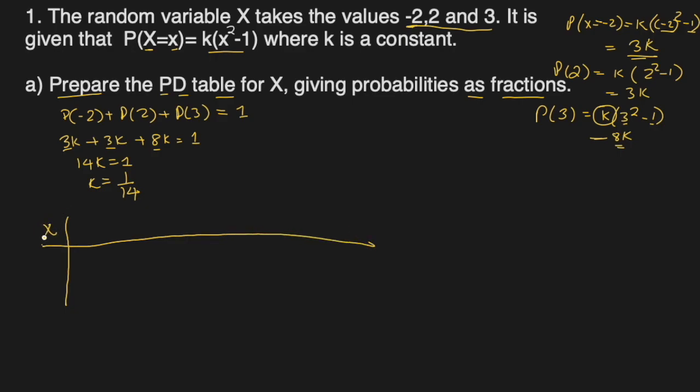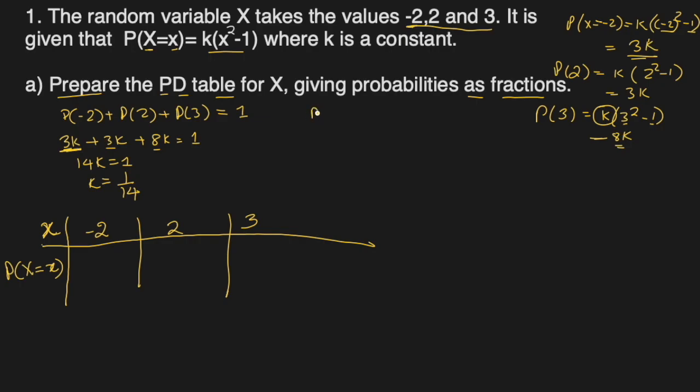So, x. The values of small x we will write here, because we have just three of them, -2, 2 and 3. Probability of x equal to x. So when x is -2, the probability is 3k.